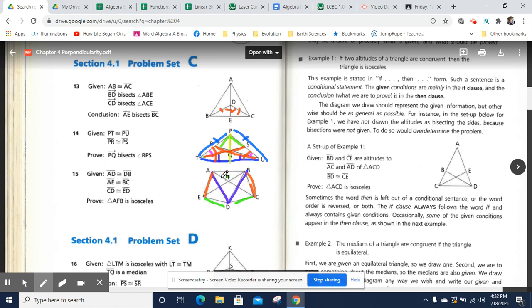So there's this triangle and this triangle. If we could prove that AEF were congruent with BCF, then that would allow us to prove that this is congruent.